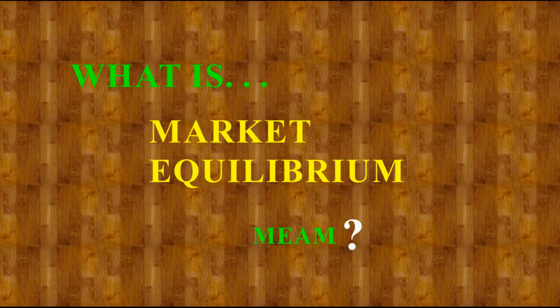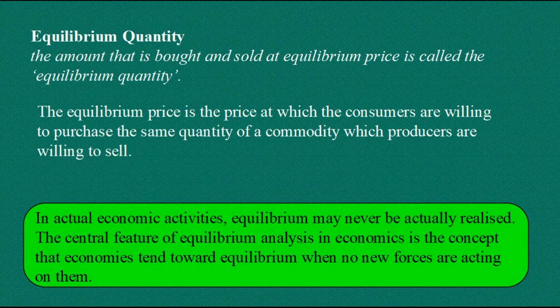Equilibrium price is the price at which quantity demanded of a commodity equals quantity supplied. A price at this point is referred to as the equilibrium price. The amount of commodity that is bought and sold at equilibrium price is called equilibrium quantity.